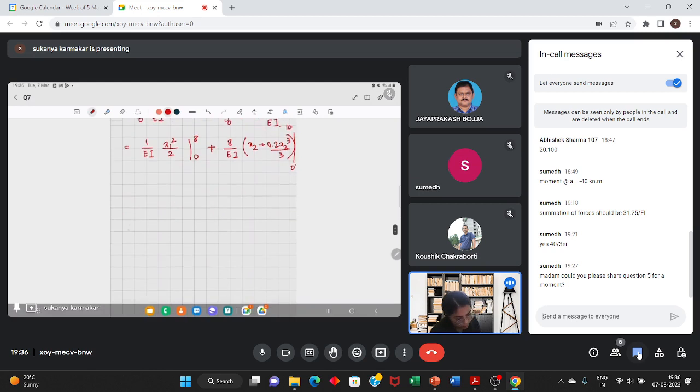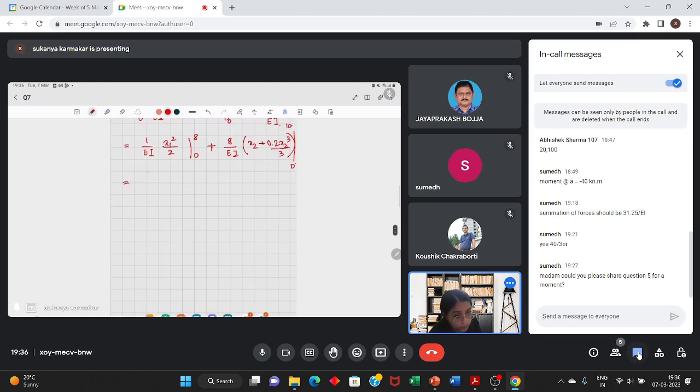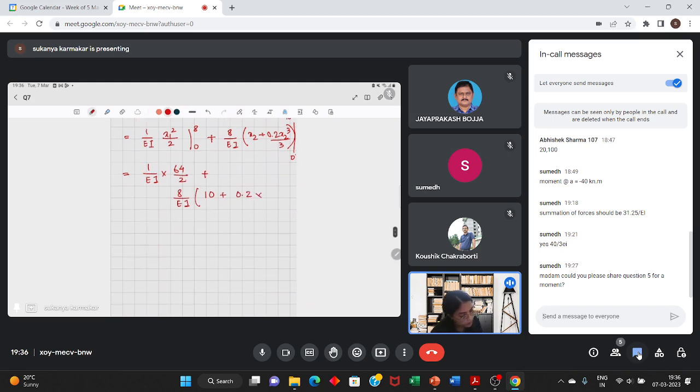So here it will be 1 by EI into 64 by 2 plus 8 by EI, 10 minus 0 is 10, plus 0.2 into 1000 by 3.